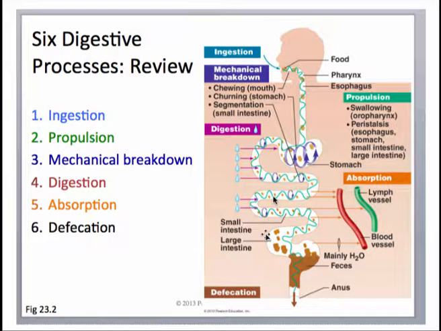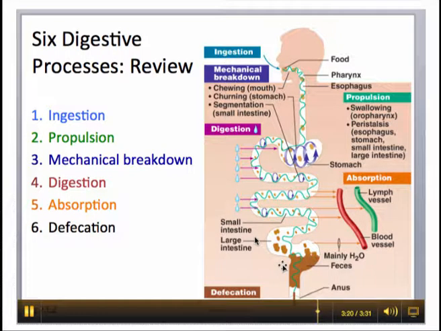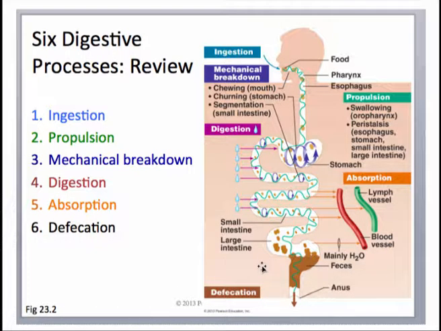By the time the food is at the end of the small intestine, it's pretty much feces, enters into the large intestine where there is some water and electrolyte absorption, but finally then whatever hasn't been digested, those feces will be expelled through the anus through defecation.